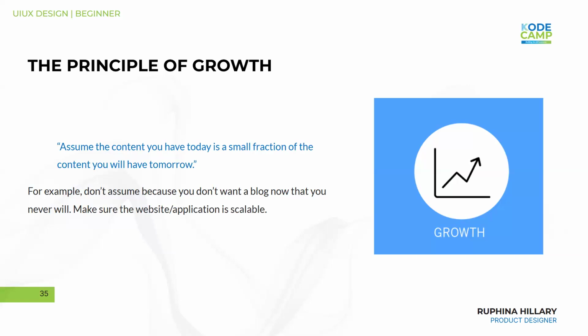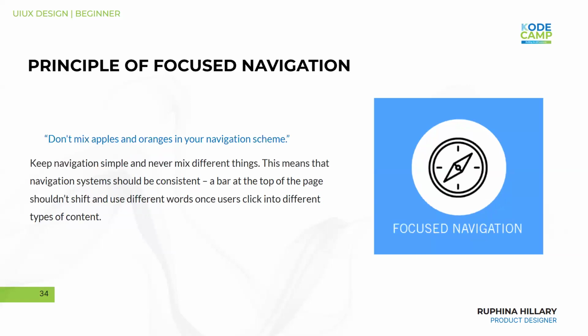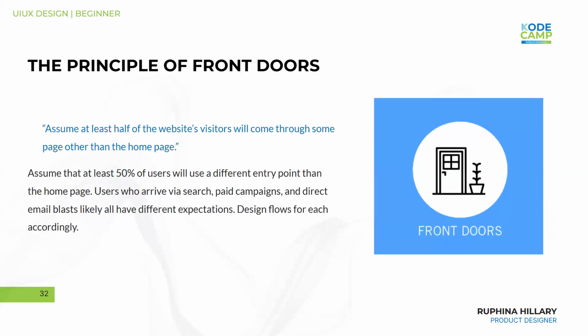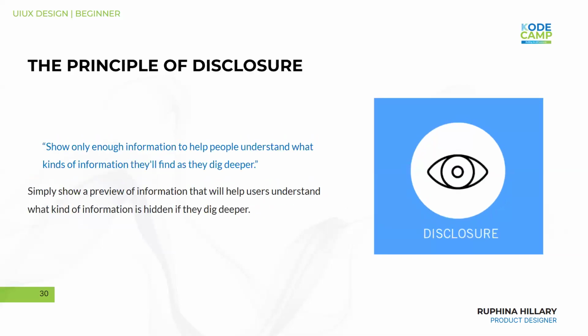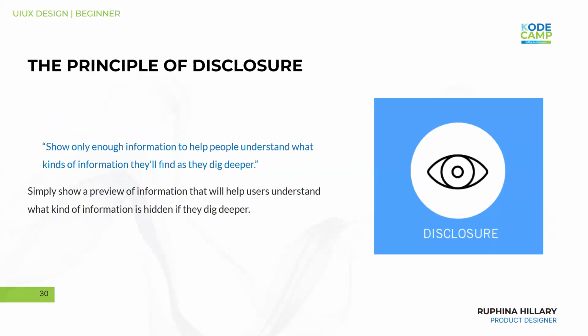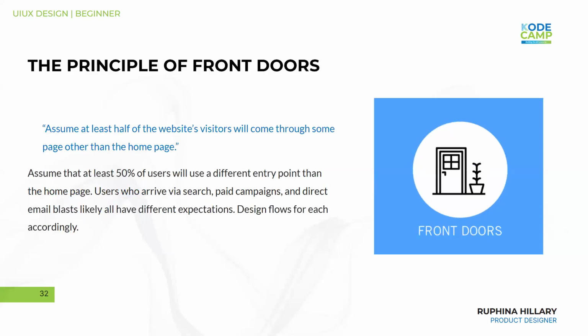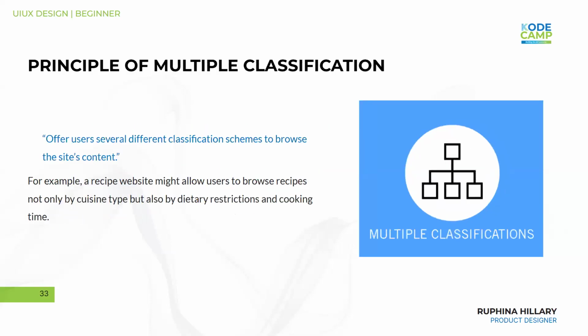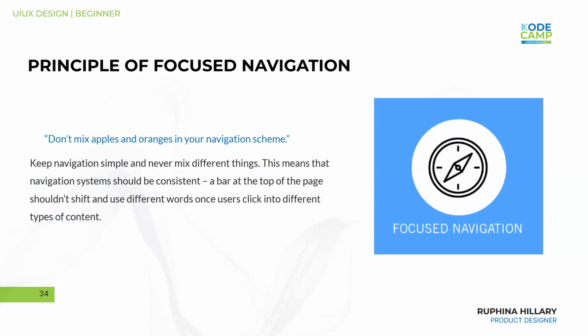Those are the 8 principles of information architecture. The principle of object, principle of choices, principle of disclosure, principle of exemplars, the principle of front doors, the principle of multiple classification, principle of focused navigation, and the principle of growth.